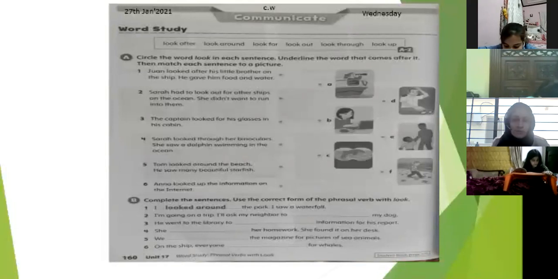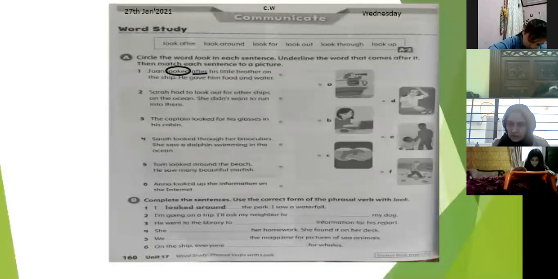He took care of his brother. So first of all, what you will do, class? You will circle the word looked, okay? And you will underline the word after, okay? And then you will match it with the correct picture.